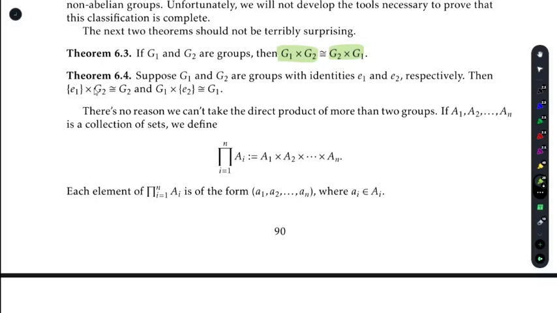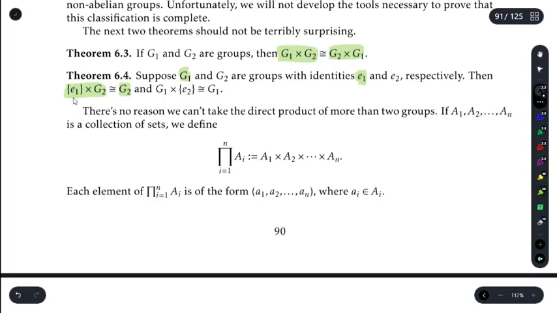Also, if you take an identity from really any group, but here it says from G1, and you do that set cross G2, then that is just going to be isomorphic to G2.